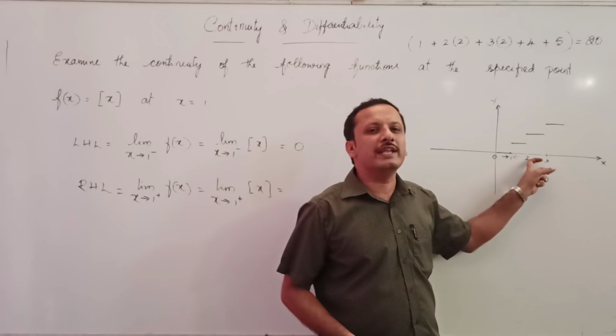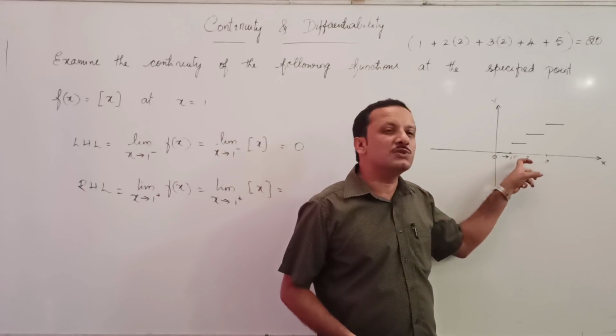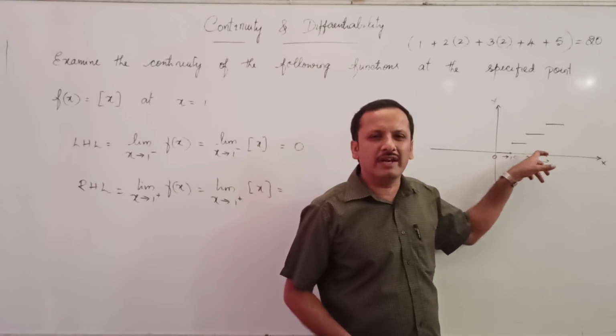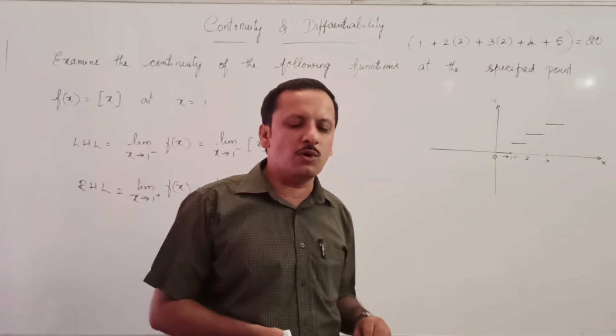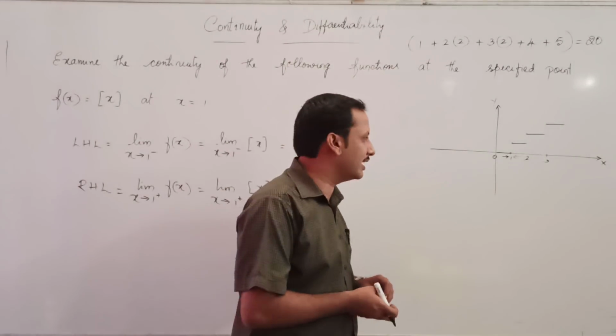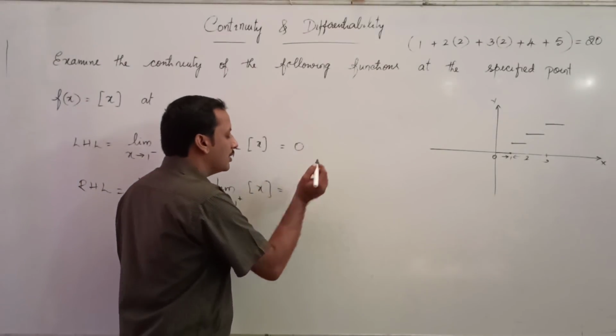So x is very close to 1 but greater than 1. So x may take the values 1.1, 1.05, 1.01, 1.001, etc. At all those points, the value of step x will be equal to 1.